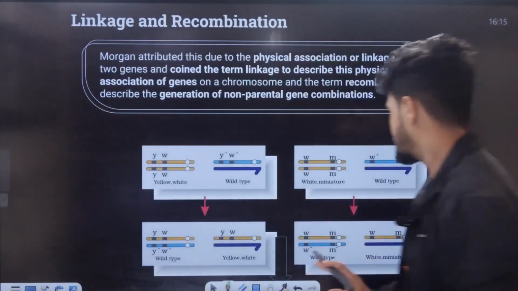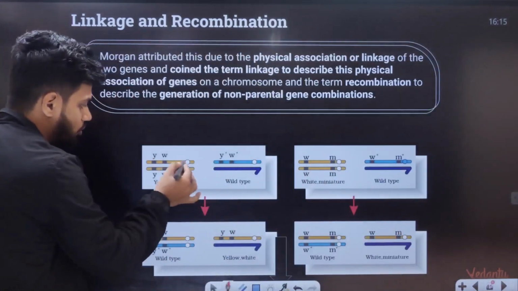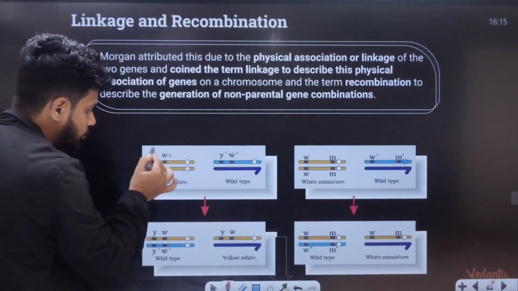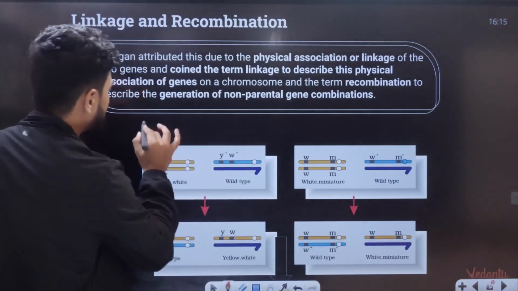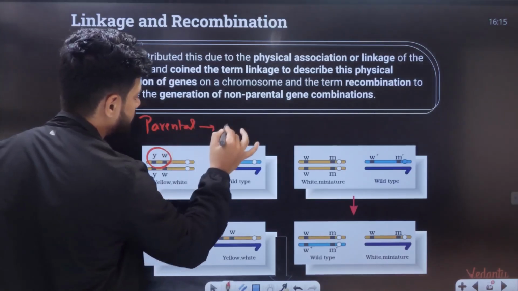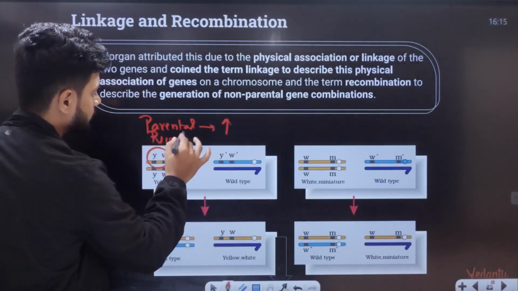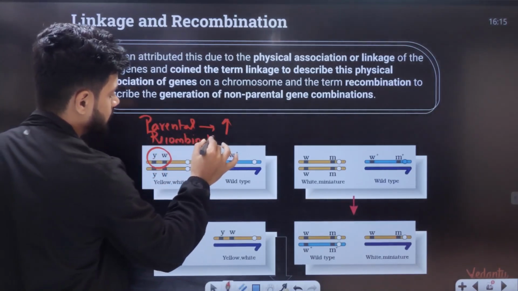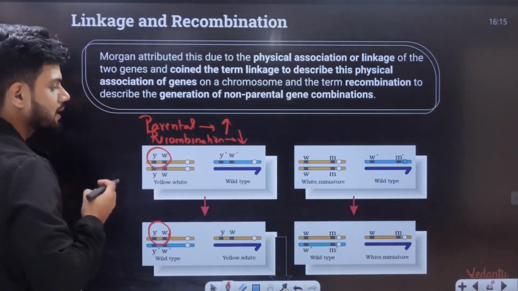Look, here is an example. Now here on this chromosome, two genes are very close to each other. When this is happening, linkage will be high. Recombination will be very low. Why? The two genes are very close to each other, so recombination does not come here.